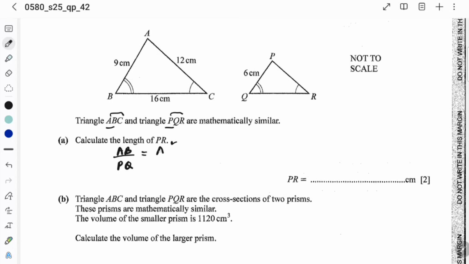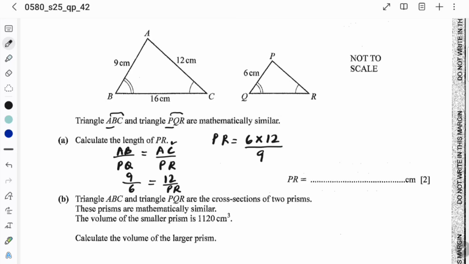Okay, AC upon PR. So your AB is 9, given. 9 over 6 is equal to, you will have 12. Yes, AC is 12 upon PR. Cross multiply. So PR is equal to 6 times 12 and then divided by 9.